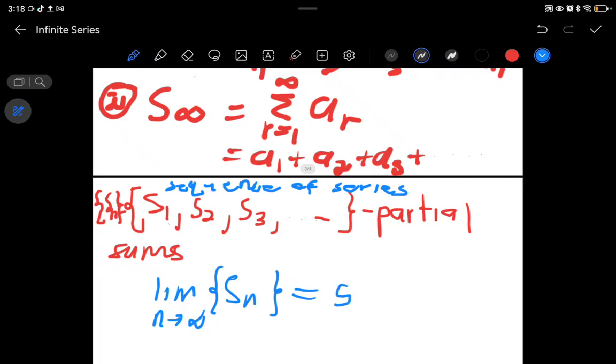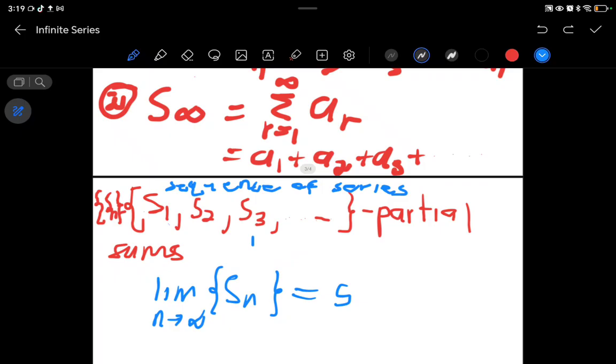If they converge to S, then the number should be S. With sequences, we used to say that if the limit as n approaches infinity of a of n converges, then it should equal a certain number. You remember, right?